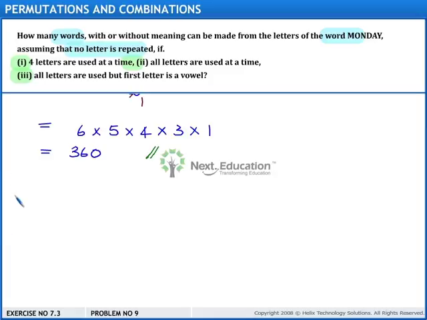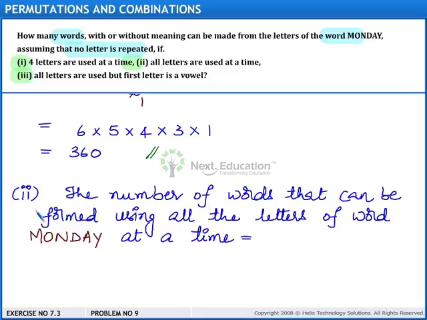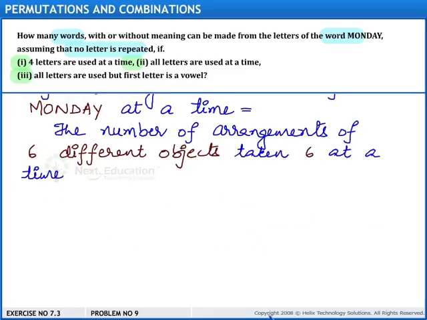Now let us move on to the second part of the problem. In this part, it is given that the number of words that can be formed using all the letters of the word Monday at a time is equal to the number of arrangements of 6 different objects taken all at a time, that is all the 6 at a time, which is equal to 6P6.